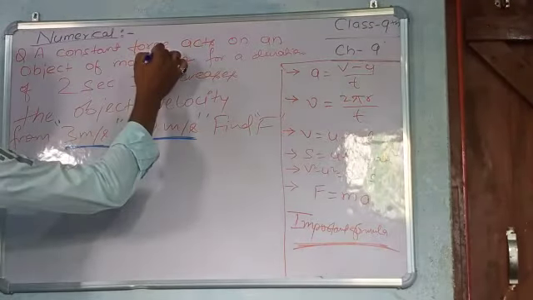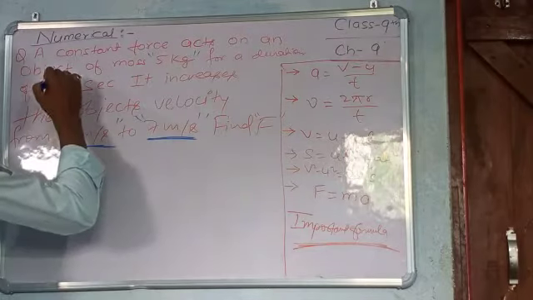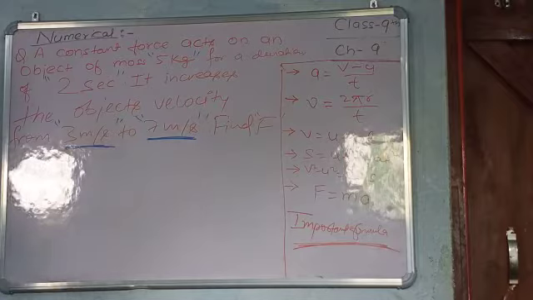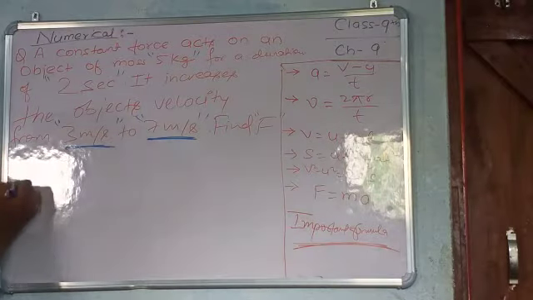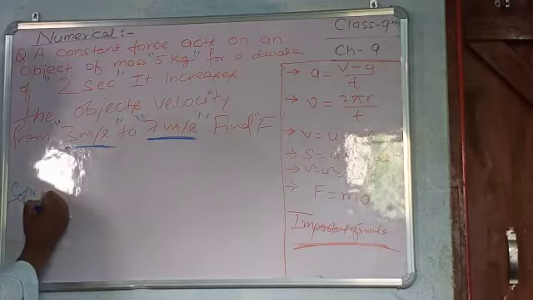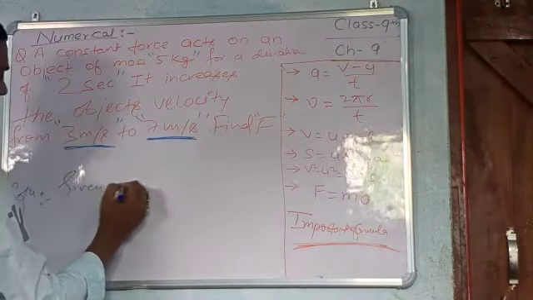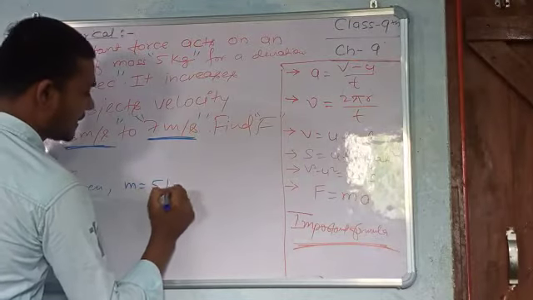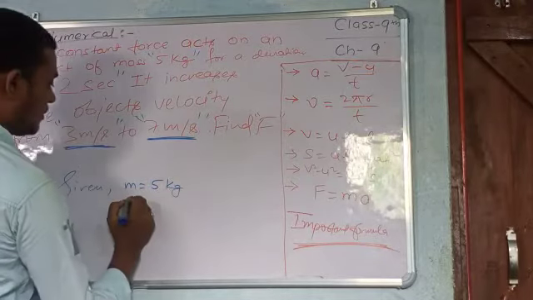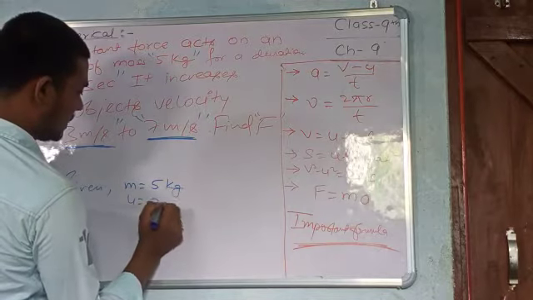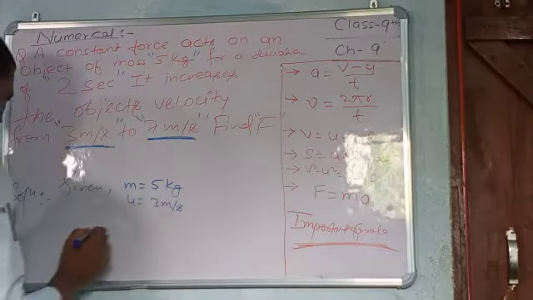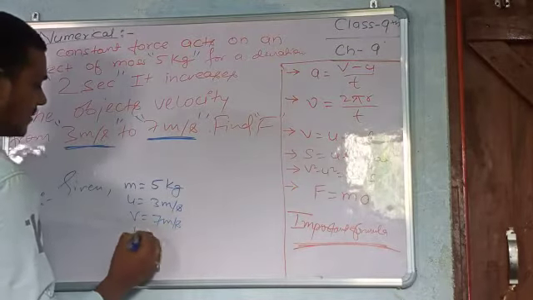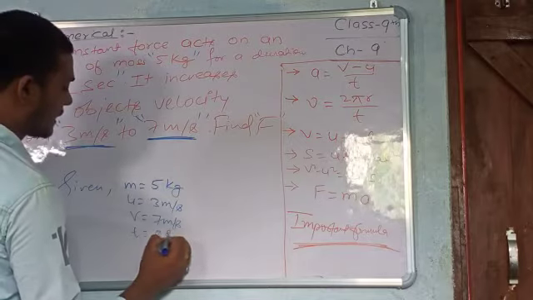An object having mass 5 kg, time taken by object is 2 seconds. Given: mass equals 5 kg, u equals 3 meter per second, v equals 7 meter per second, time is equal to 2 seconds.